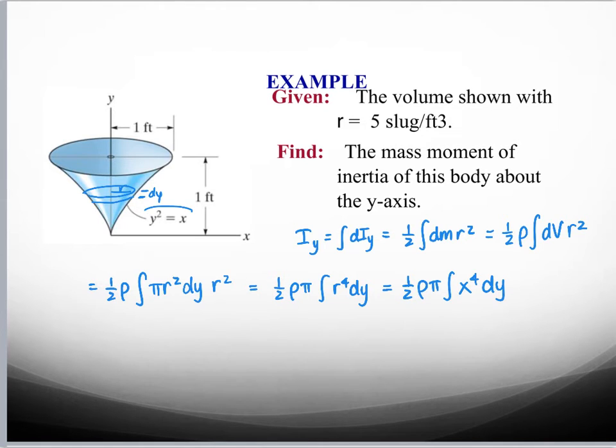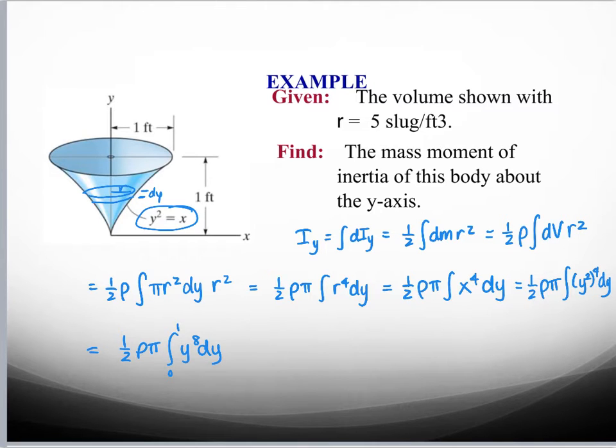So I'm going to use the equation of the boundary of that shape, where it says that x is equal to y squared. So I can replace the x by y squared and raise that to the 4th power dy. So I'm going to get 1/2 rho pi and y to the 8th power dy. And now I'm ready to integrate.